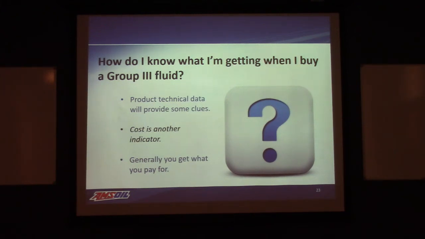When it comes to Group 3s, you get what you pay for. You're not going to be able to get a good Group 3 for $1.25 a quart. You're going to pay money for a good one, very close to what you'd pay for a PAO. It's going to be less expensive, but you get what you pay for. Cost is a real clue there too.